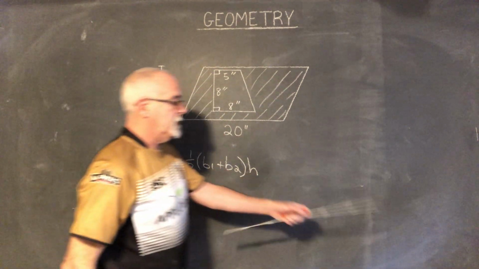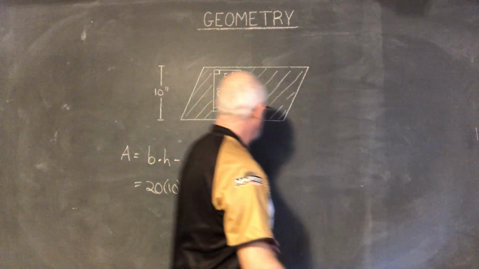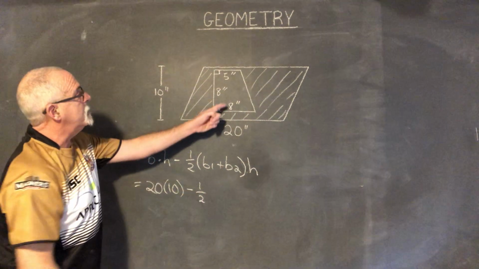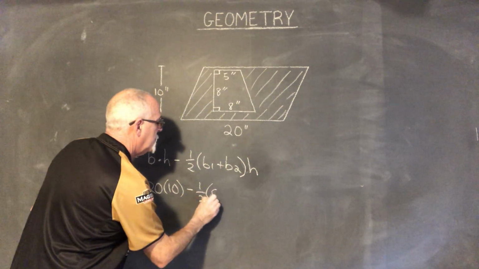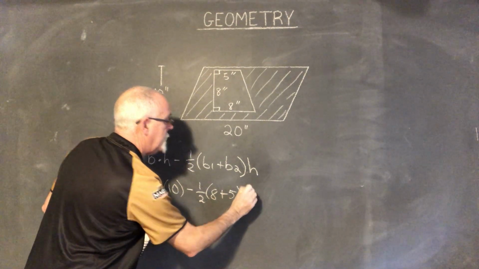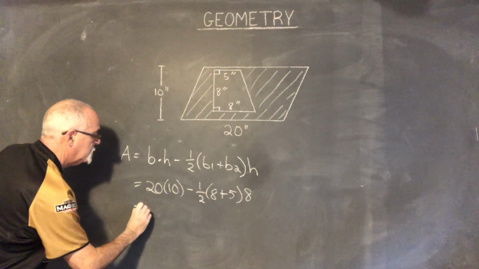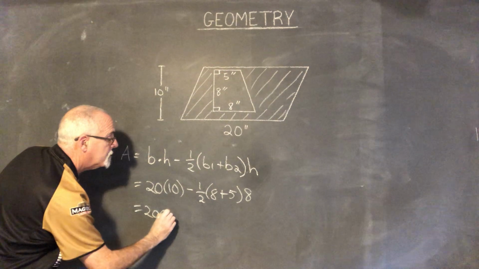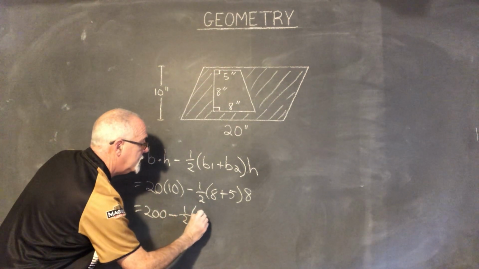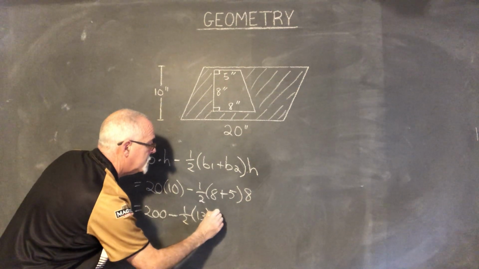And then, minus 1/2, base 1 of the right trapezoid is 8, and base 2 is the 5, and the height is another 8. Simplifying, 20 times 10 is 200, minus, I'll show 1/2 times 13 times 8.